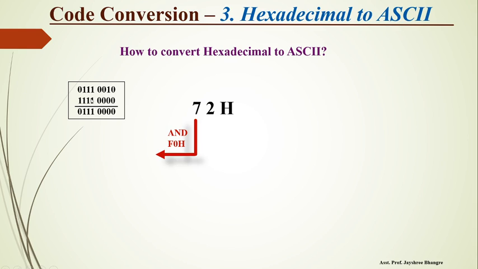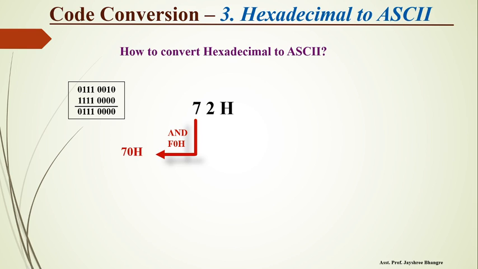So what will we get? 72H is represented as 0111 0010, and the value F0H is nothing but 1111 0000. Anything ANDed with 0 is 0. So we are eliminating the digit 2, and we are just getting the left-over MSB digit, that is 7. After ANDing with F0H, we will get the number 7.